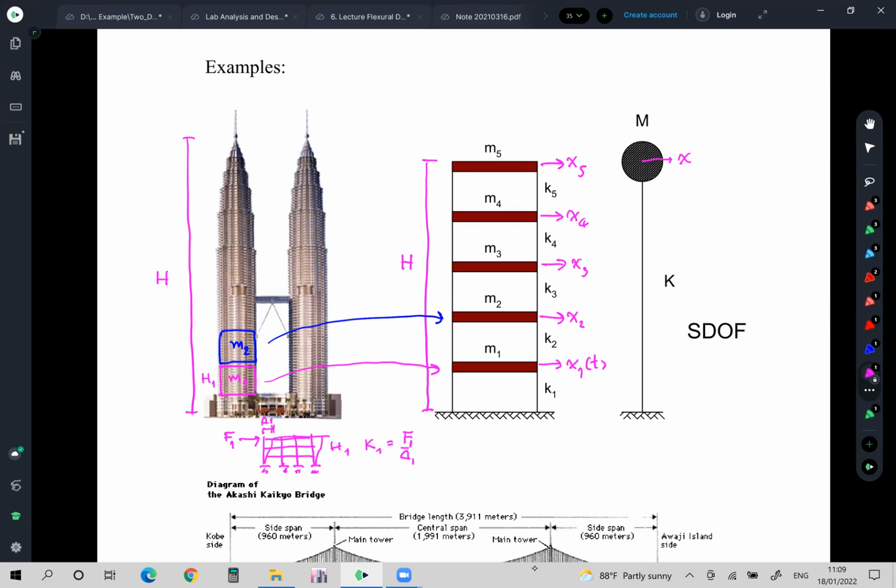But for sure, if the overall building mass is something like M total, MT, then M is something like 1 over theta MT. I will explain this to you later, but for sure the mass of the single degree of freedom system, we take only a certain portion of the total mass of the building, not all of it.